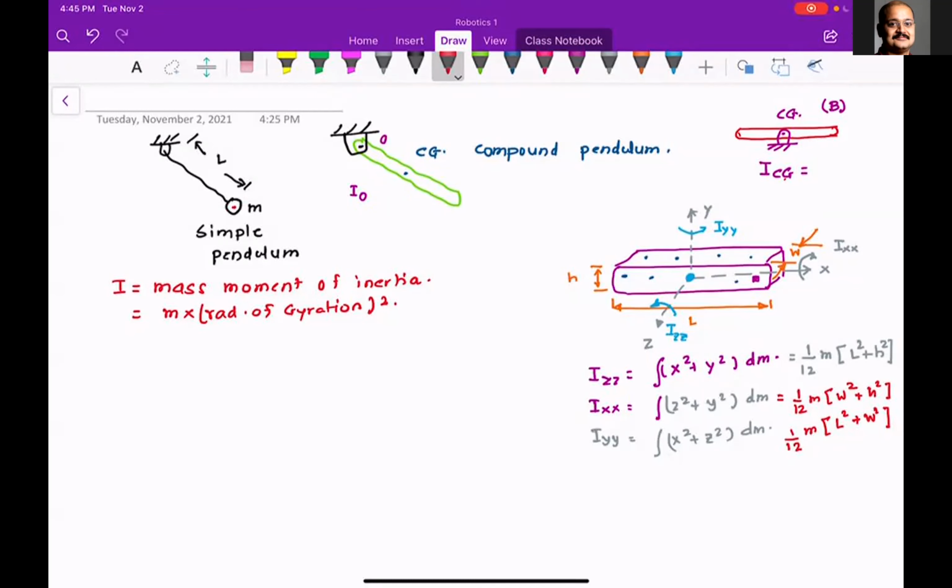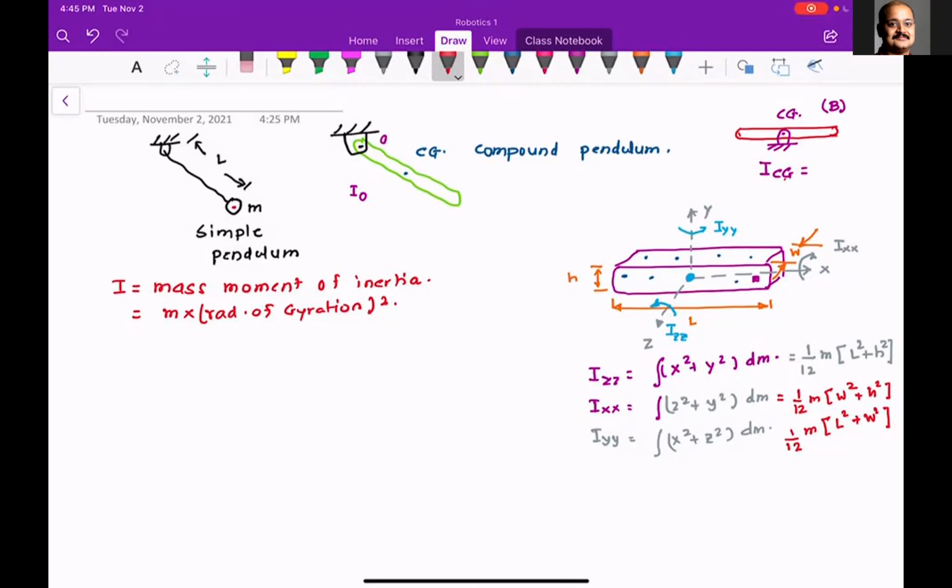So I'm going to assume my W is equal to 0. And what I have is my H is negligibly small.